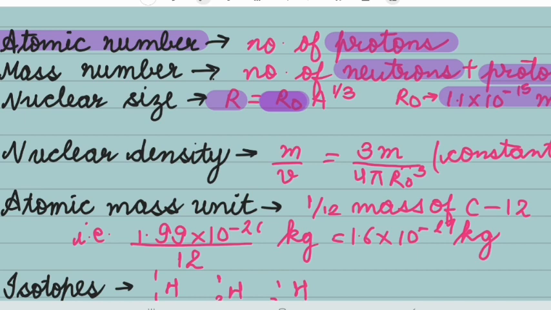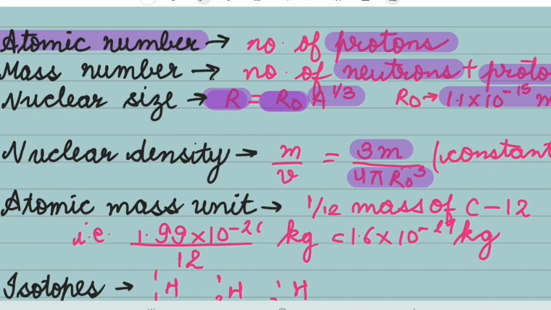Means if this A, our mass number, changes, then the nuclear size may also change. Now the nuclear density is mass upon volume, but for the small nuclei, this is nearly constant and its value is 3m upon 4 pi r0 cube.